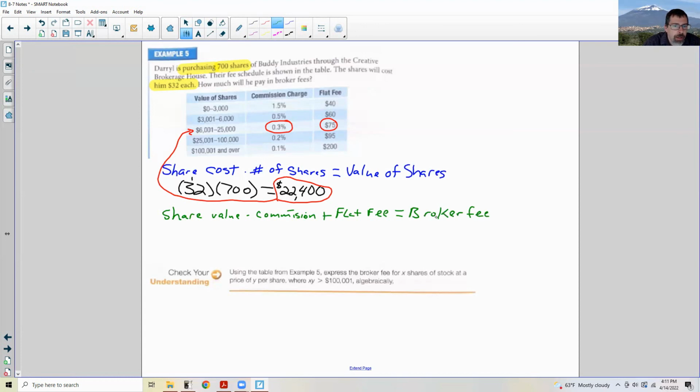All right, so share value, $22,400, times commission, 0.003. Be careful with percents and parts of percents. 1% is 0.01, so 0.3% is 0.003.